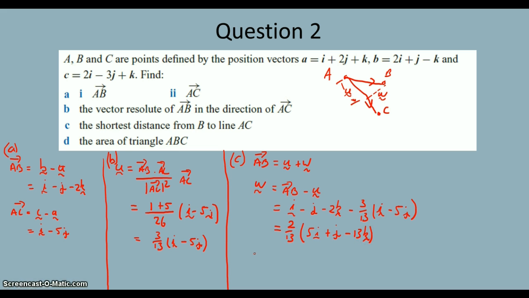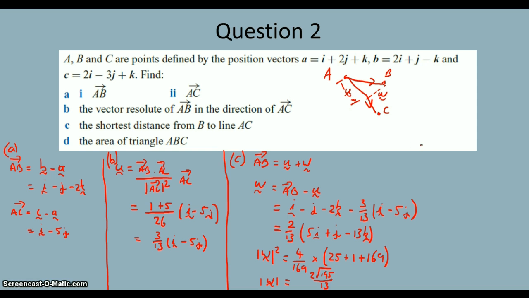So the distance from B to A is the magnitude of W. So the magnitude of W, I'll square it just to keep it simple, is 4 over 169 multiplied by these components squared, so 25 plus 1 plus 169. When we work that out, the magnitude of W, or the distance, is equal to 2 root 195 all over 13.